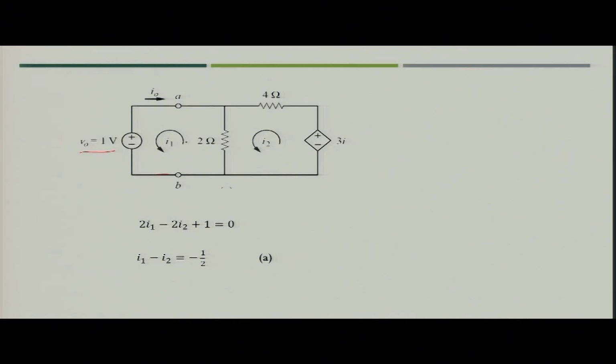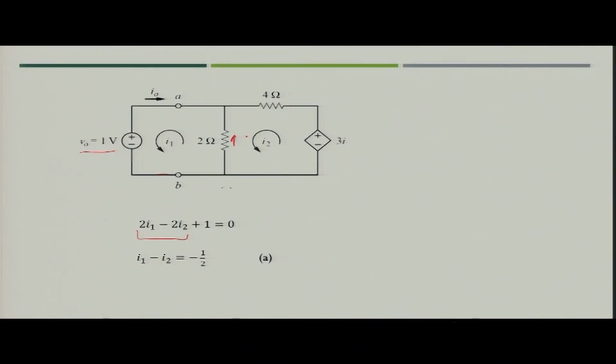Now, we have two meshes in the circuit. Let us say the currents I1 and I2 are flowing in this direction, both in the same direction. Let us write the KVL equation for both of the meshes. In this case, you can write 2 times (I1 minus I2), because I1 and I2 will be in different directions here.